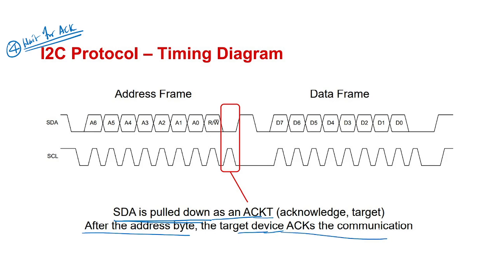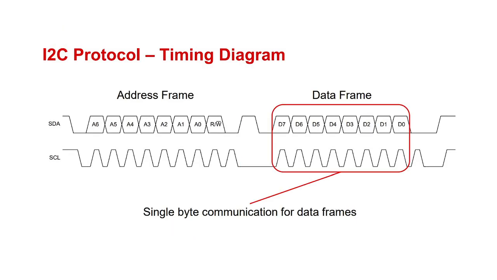So the slave should give the acknowledgement to the master that I am ready to receive the data, or you can read the data from me. Is it ready or not? Through the acknowledgement signal, it should go. So this is the fourth step, and this is the fifth step.